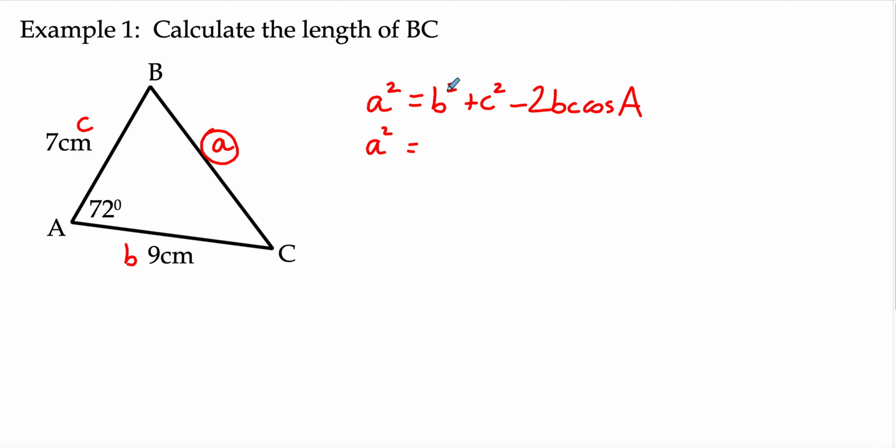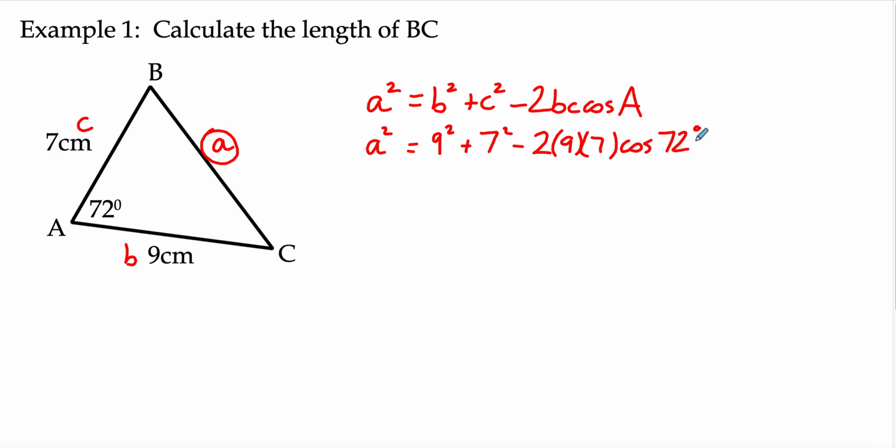A squared, obviously we don't know, b squared, b is 9, so it's 9 squared, plus small c is 7 squared, minus 2 times, b is 9 times 7 times the cos of angle A is 72 degrees.